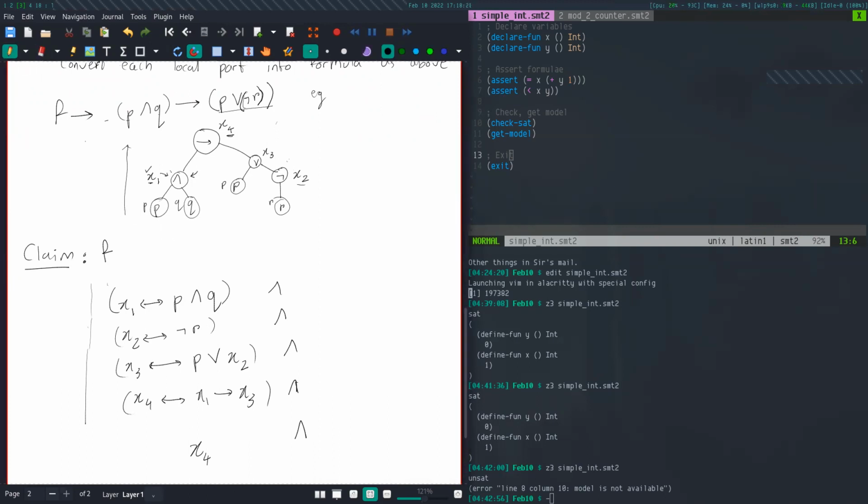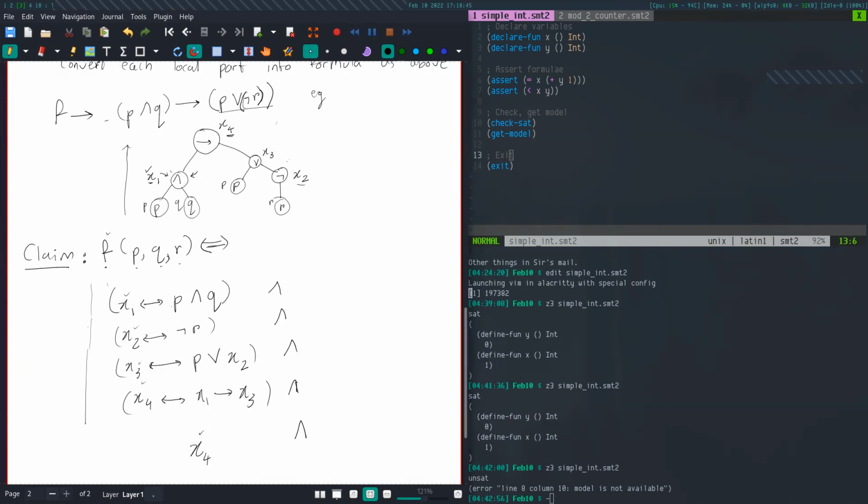So for example, over here, with PQR, if I give you a satisfying instance of this, so values of P, Q and R for which f evaluates to true, then for those values x1, x2, x3 and x4 are all going to evaluate to some particular values, and finally x4 is going to be true by definition, right?